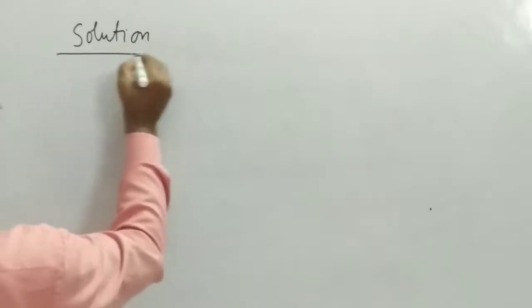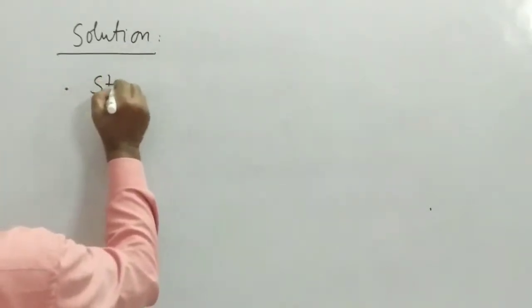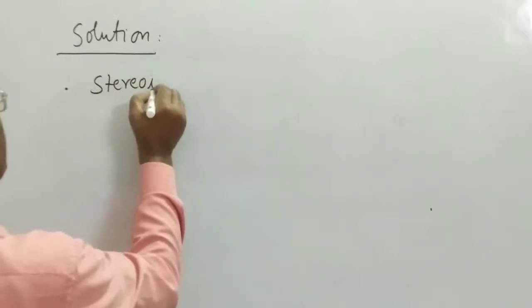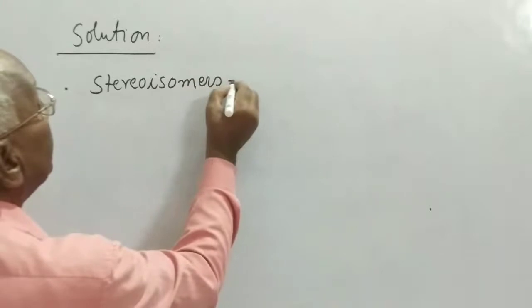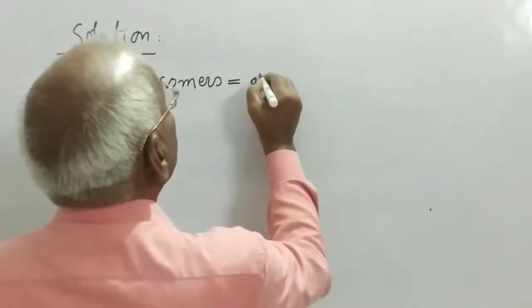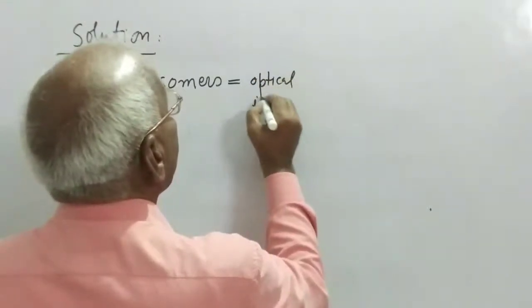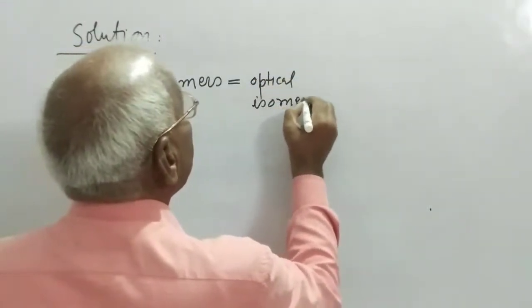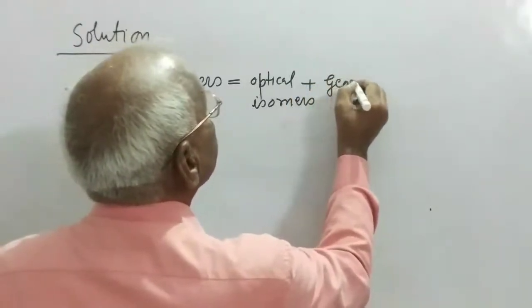The solution. The first part of this question is stereoisomers. It is a collective name for optical isomers and geometrical isomers.